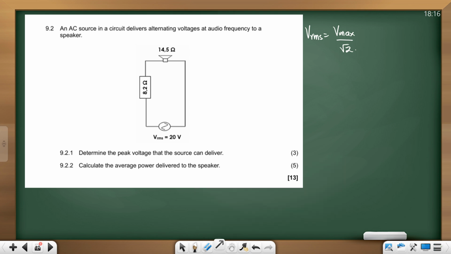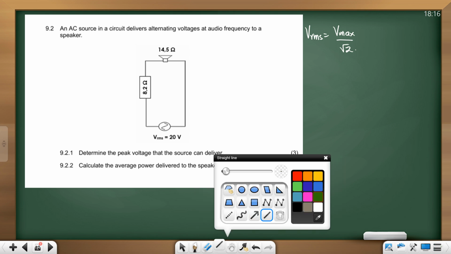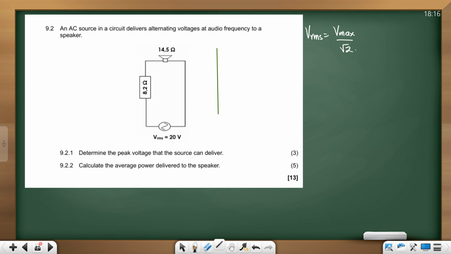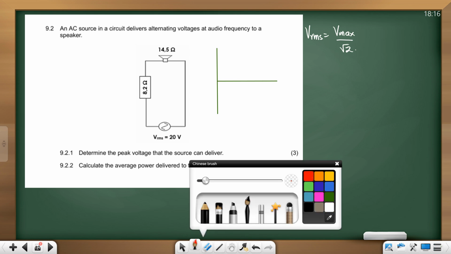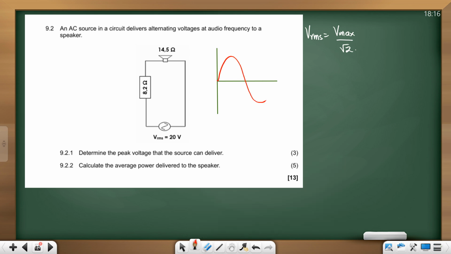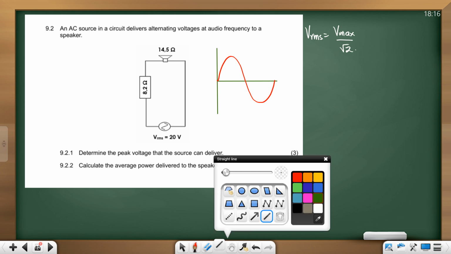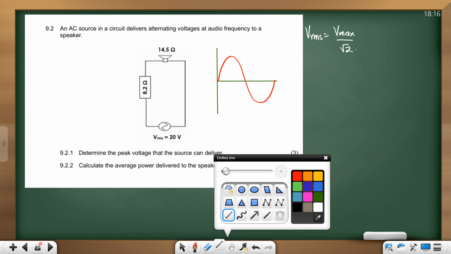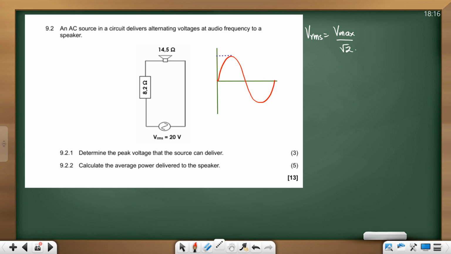If they give me this, the top part here would give me my Vmax, and VRMS is just below.